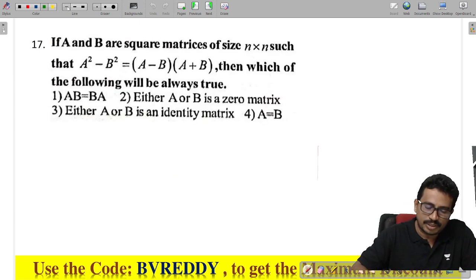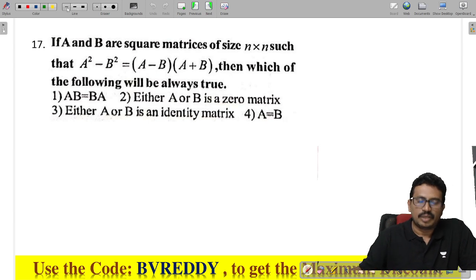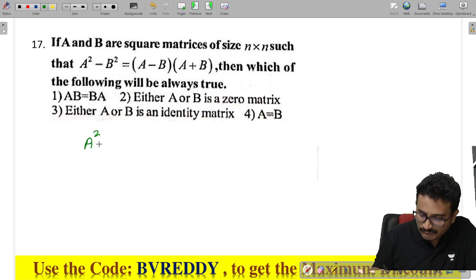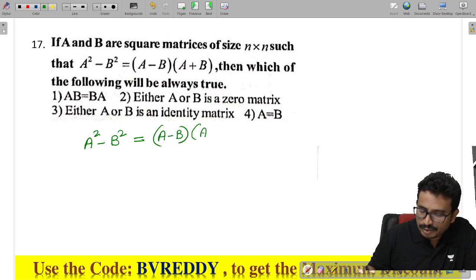See this problem here. If A and B are square matrices of size n cross n, A square minus B square equals A minus B into A plus B, then when does it happen, you tell me. A square minus B square, which is given as A minus B into A plus B, right?